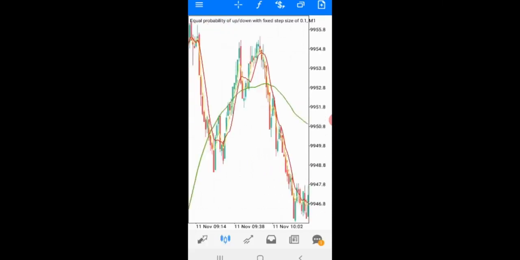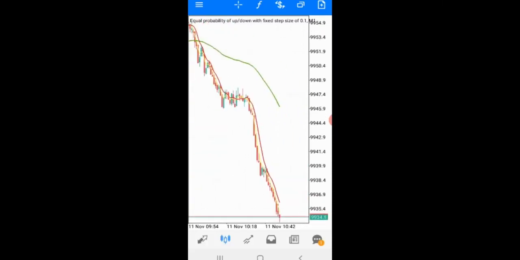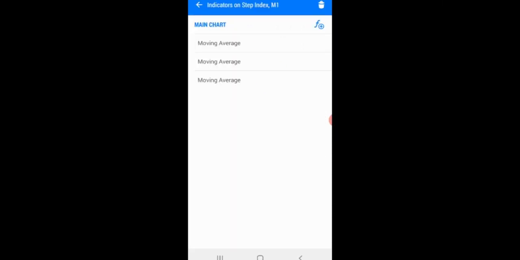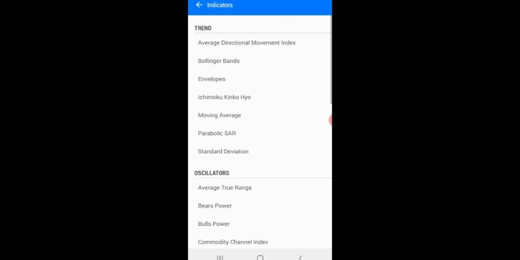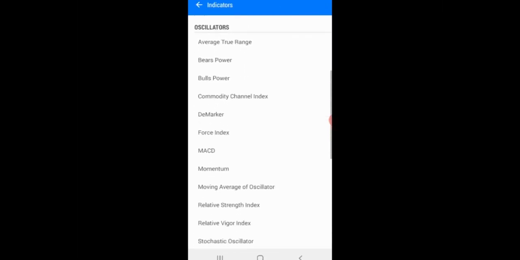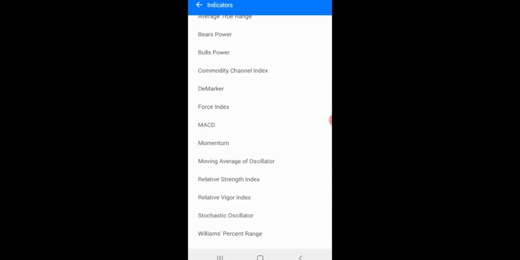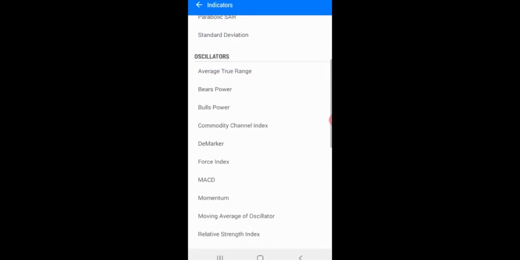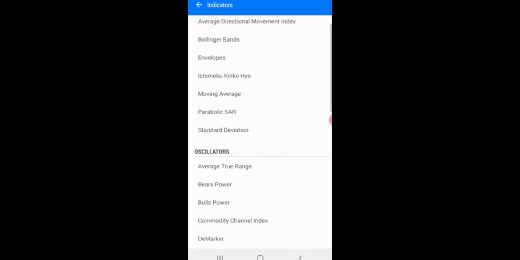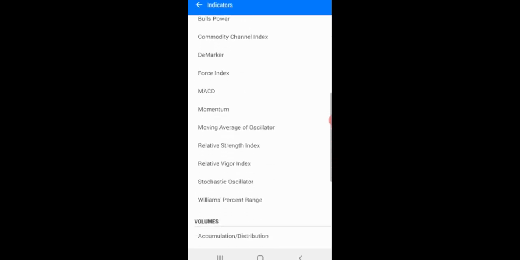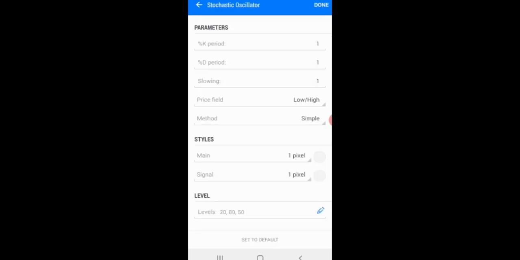We still need more indicators, but this time we are not using moving average. We are going to use the stochastic oscillator. So get the stochastic oscillator. Then the K period is 1, the D period is 1 as well.